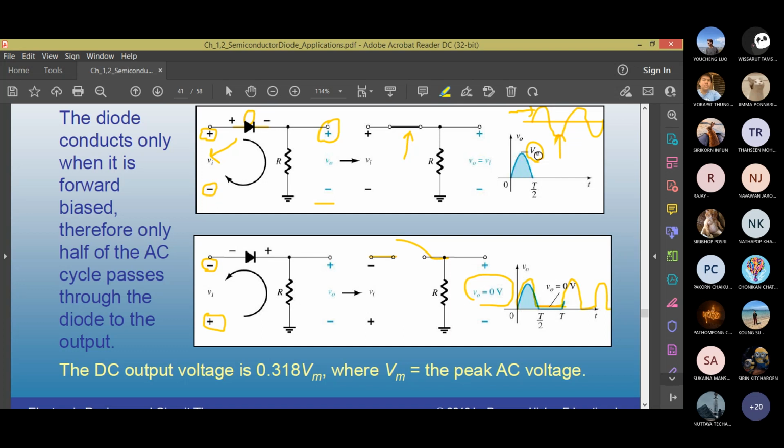So from this peak, what is the value of DC? It is 0.318 times Vm, the peak of the AC voltage. If it's 10 volt peak, it will be 3.18 volt DC, because you multiply by 0.318.